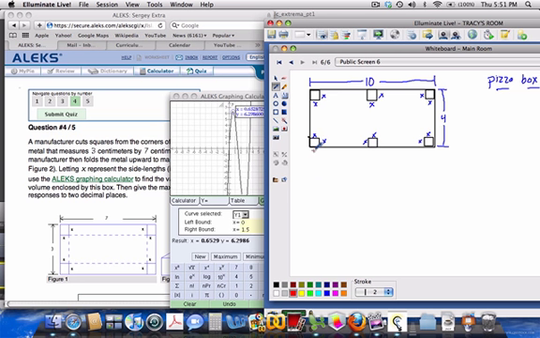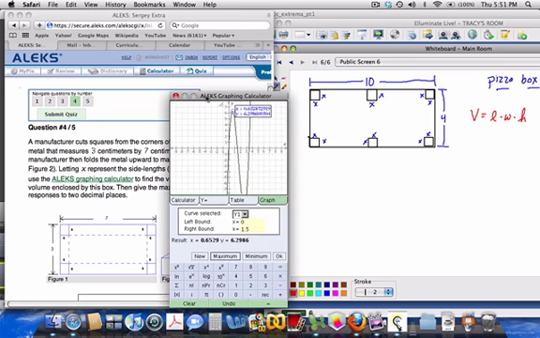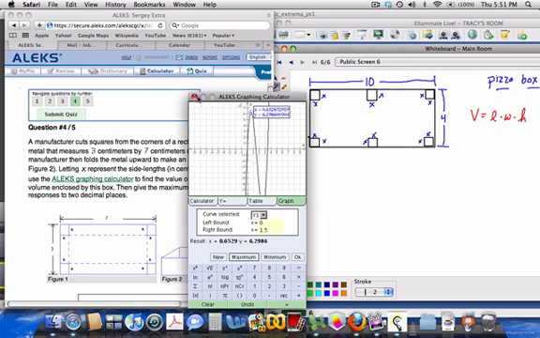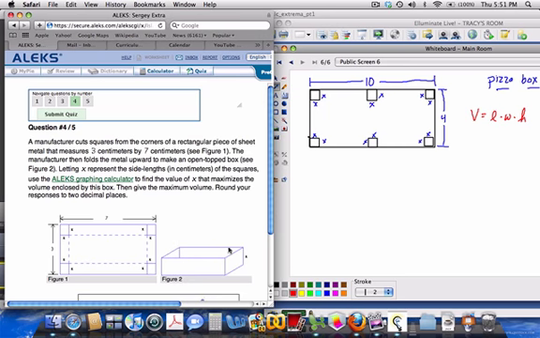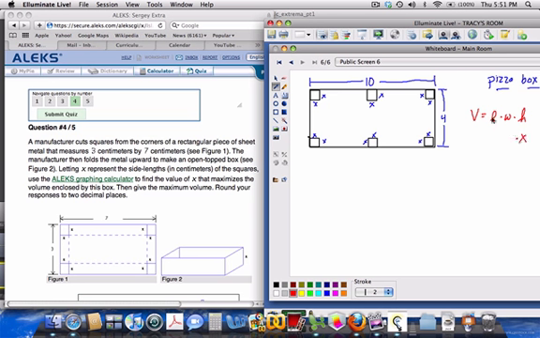So when we're doing volume equals length times width times height, our picture is going to be very similar to this, except it's coming back over and making a lid, basically. Okay, so we have this height again of x, so we can replace that with x. Now we just need to come up with the length and the width.